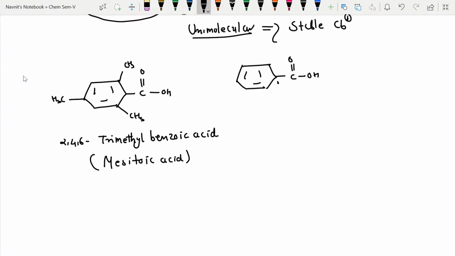So this is one. So here we have a methyl group. Here we also have a methyl group. So this is known as 2,4 dimethyl benzoic acid.